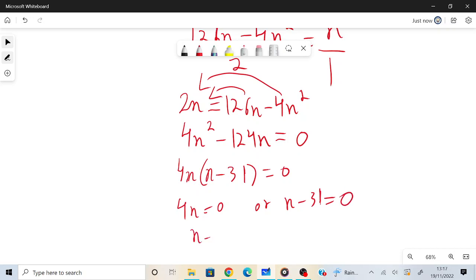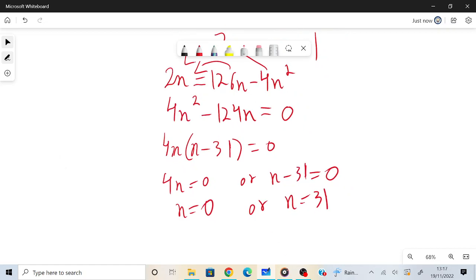My n is 0, or my n is 31. All I did here was simply solve by factorization. If you are not confident solving by factorization, you can watch my previous video on solving by both factorization and the quadratic formula.